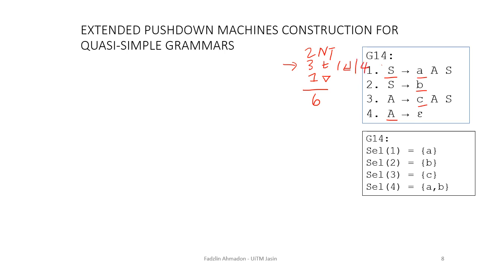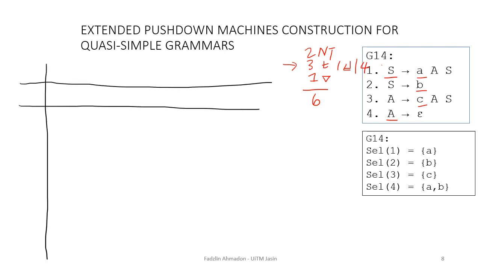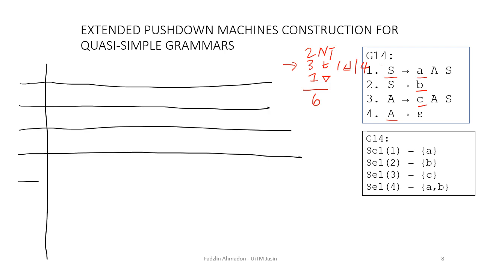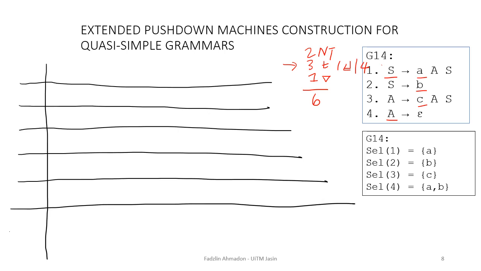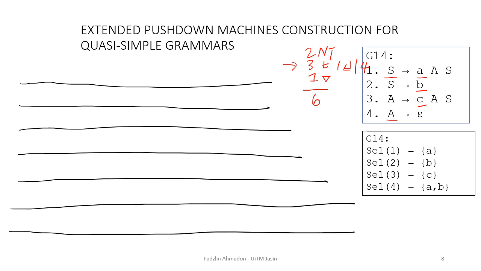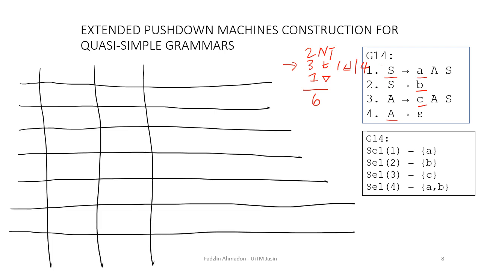So I'm going to draw the frame for our extended pushdown machine, starting with the rows. We need 6 rows. So first the header, and then 1, 2, 3, 4, 5, and 6. Next, we're going to need 4 columns. So 1, 2, 3, 4.